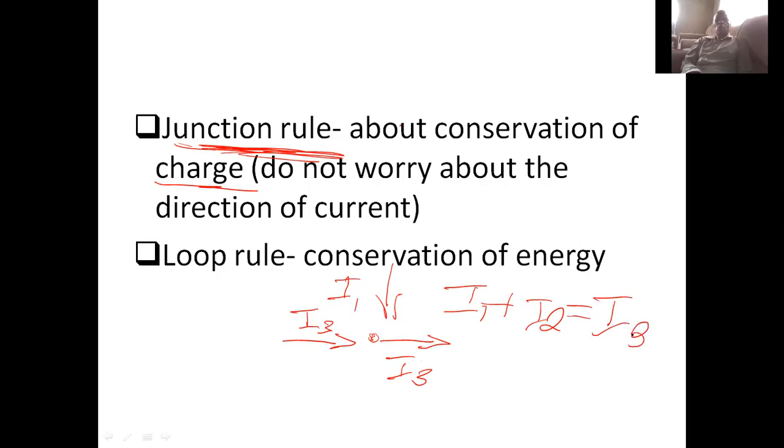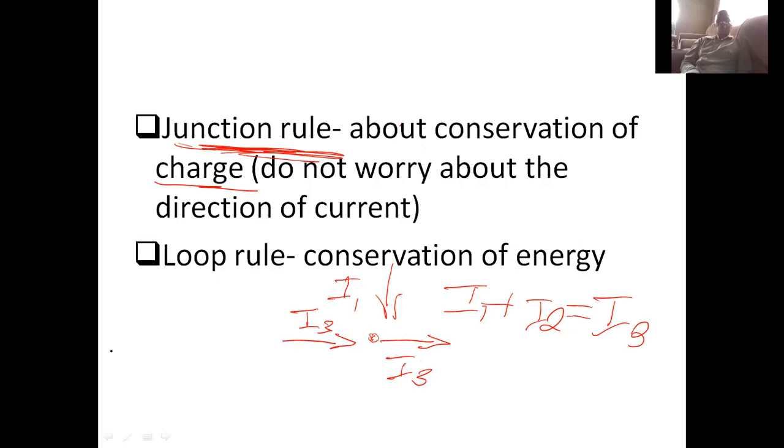So you are conserving charge. The amount of charge entering a junction should be equal to the amount of charge leaving the junction. And so this is the junction rule.